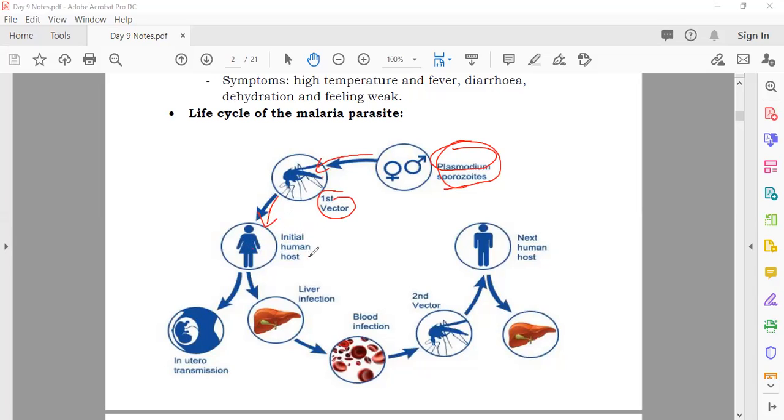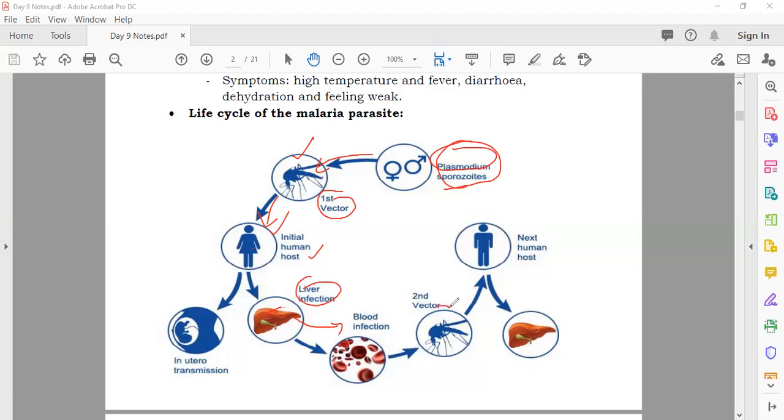That means the human is a host now. First the mosquito, then the human is a host. Inside the human, it goes to the bloodstream, and after that it reaches the liver. And the liver is a very suitable place for malaria reproduction. And from the liver again it goes to the bloodstream.